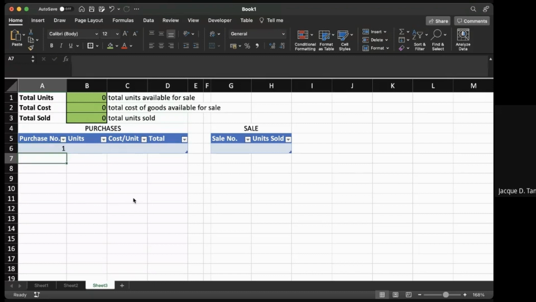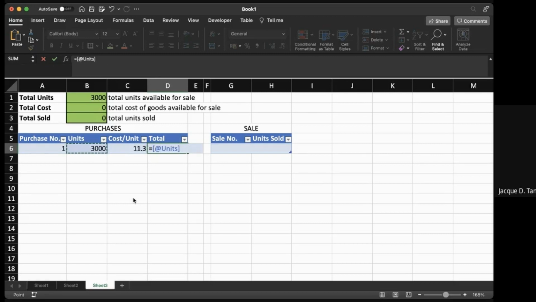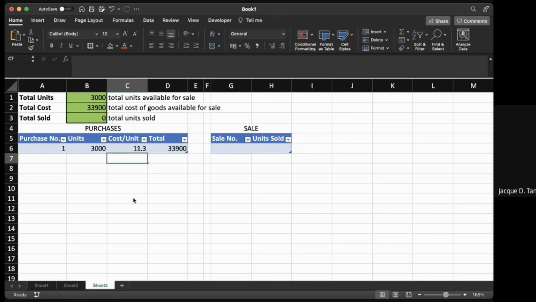Okay. So first, if we try to place here units, let's say 3,000 units. Let's say cost per unit is 11.3. So our problem now is it does not show total. So to compute for total, it multiplies the units to the cost.